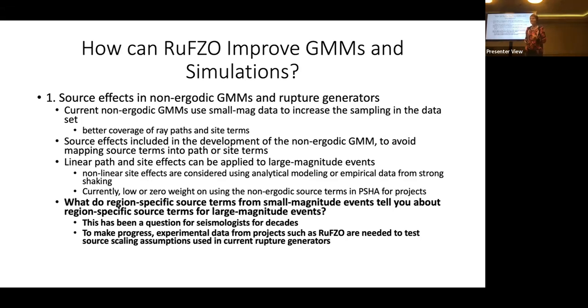To make progress in answering this, we really need the data from RuFZO so that we can test how source scaling works from the small magnitude data that we're collecting while we're waiting for larger events, to larger events. And this also provides a rationale for looking at multiple faults, because we don't suppose that this scaling is necessarily the same for every fault that we're going to look at.